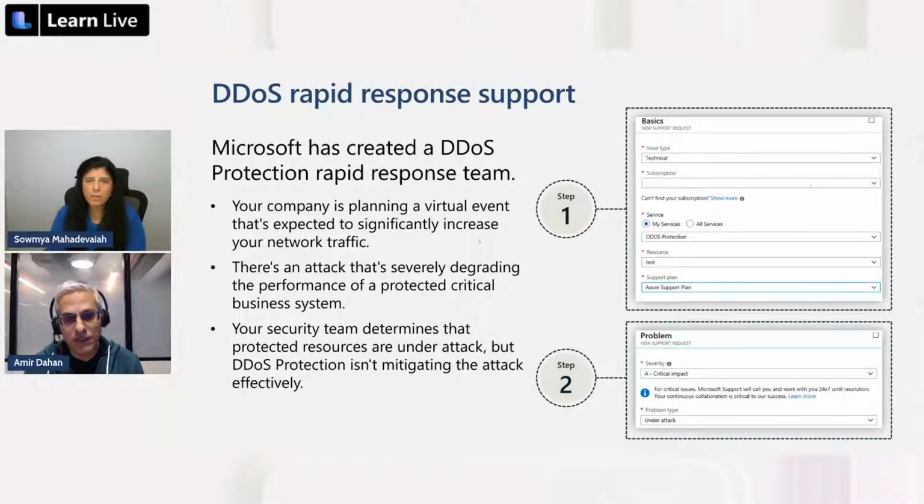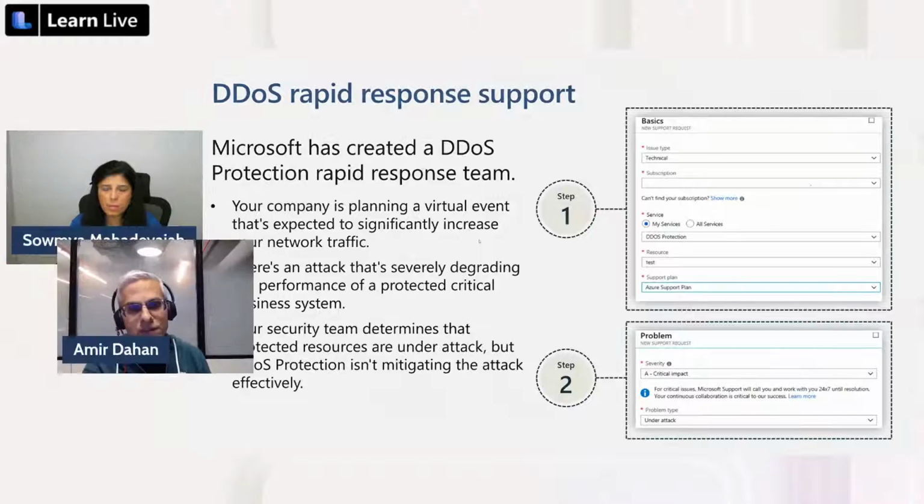There was a coordinated attack targeting a specific application belonging to one of our customers, and with DDoS rapid response, we went online supporting the customer. The attack was coming from a botnet consisting of thousands of sources, and the attacker continuously increased the attack sources in order to bypass the mitigation.